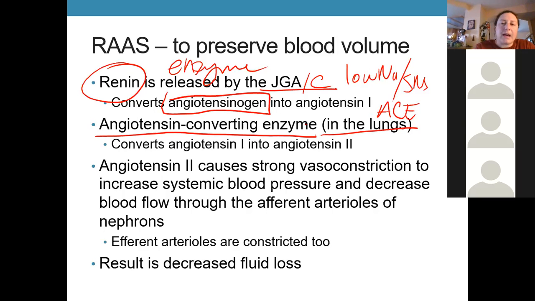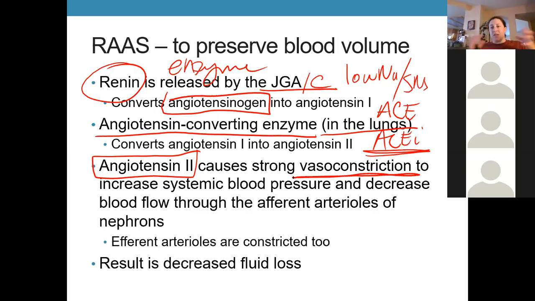We can block the action of this enzyme with drugs called ACE inhibitors, which we do use to control blood pressure. The final active form of angiotensin is then angiotensin 2. It increases blood pressure by vasoconstriction, so decreasing the diameter of blood vessels. It also will decrease blood flow through the afferent arterioles of the nephrons.